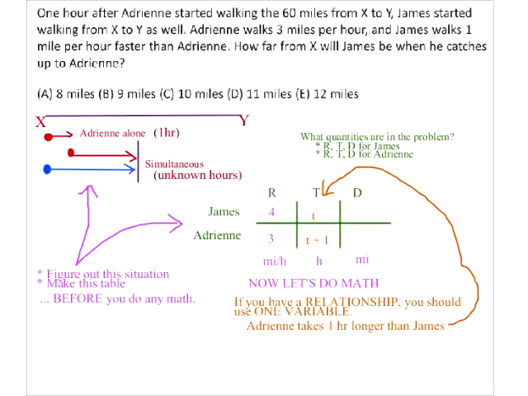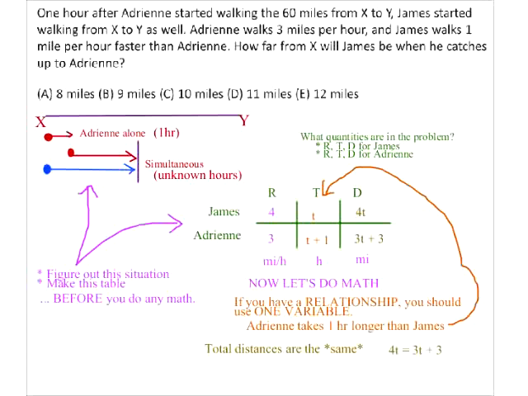So, then the point of an RTD table is that you can fill it in. So 4 times t is 4t. 3 times t plus 1 is 3t plus 3. So the total distances are the same. So you can write 4t equals 3t plus 3.